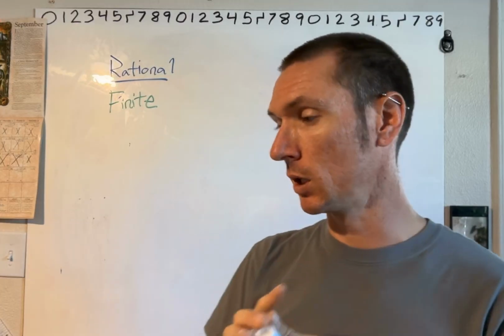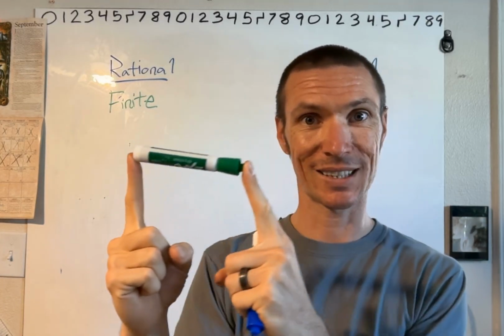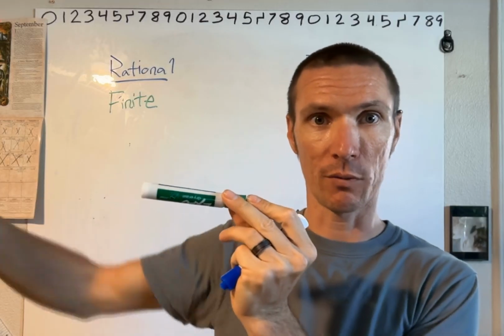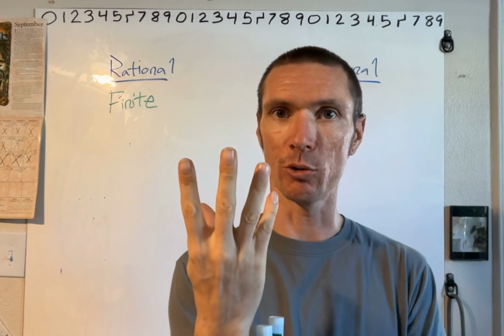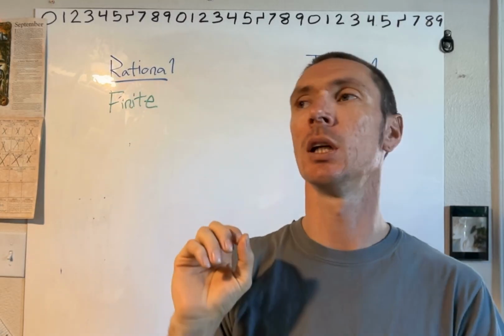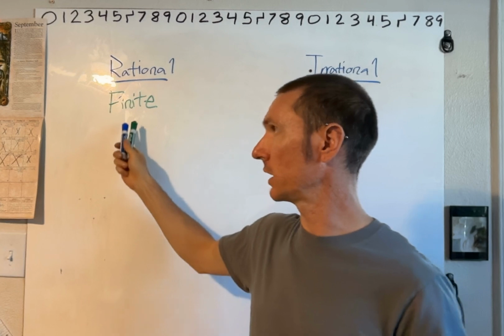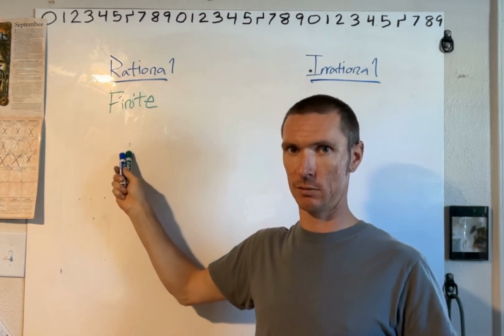Okay? This marker needs to know how to stop and not go on for infinity. A flower grows and it needs to know when to stop. Okay? Everything in your finite universe has a stopping point.